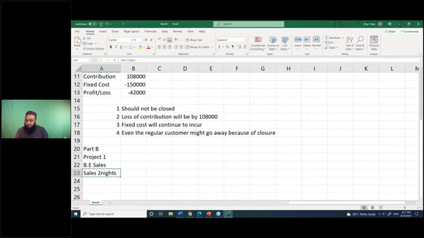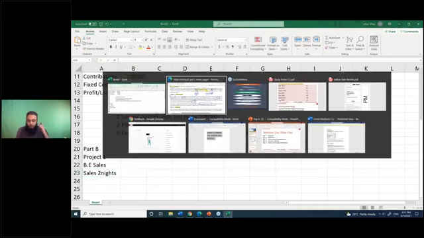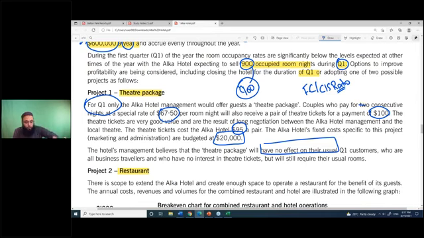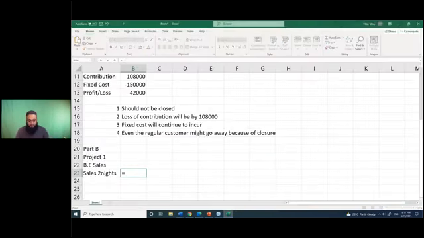Why am I saying 2 nights? Because it's a package deal, couples who pay for 2 consecutive nights. So you have to keep this in your mind. They pay 67.5, so 67.5 multiplied by 2 will give me the sales for 2 nights, right? So that's 135.